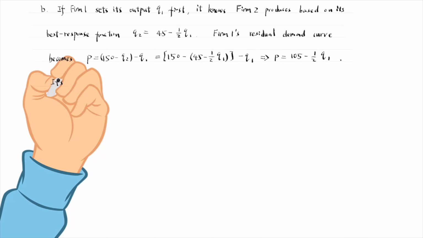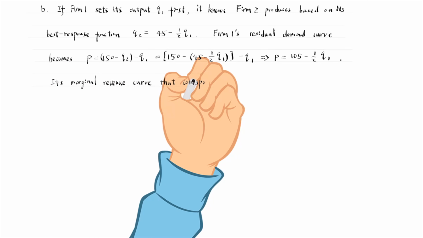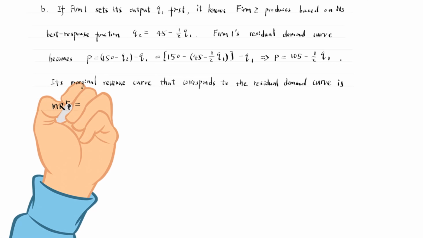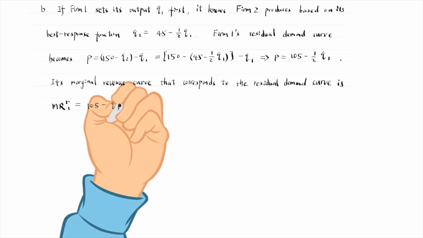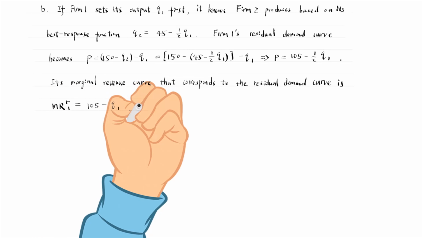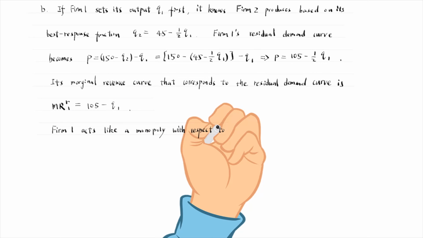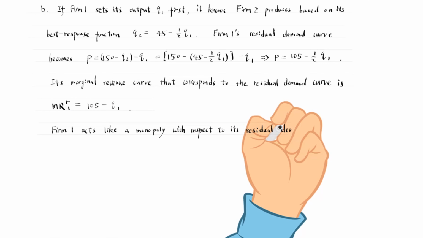We can write the leader's marginal revenue function, MR1R. The Stackelberg leader acts like a monopoly with respect to its residual demand. The first-order condition for profit maximization leads to the Stackelberg leader's quantity, 45.